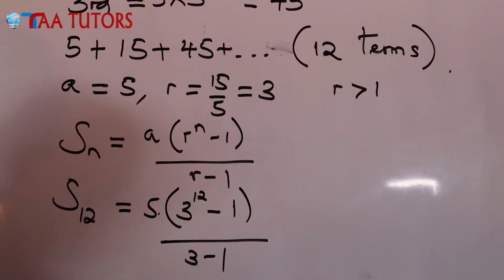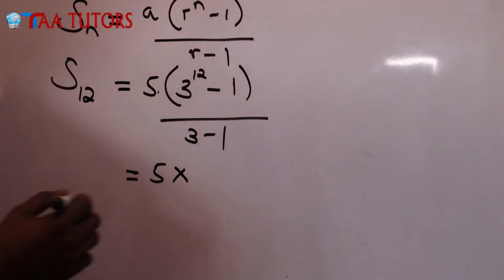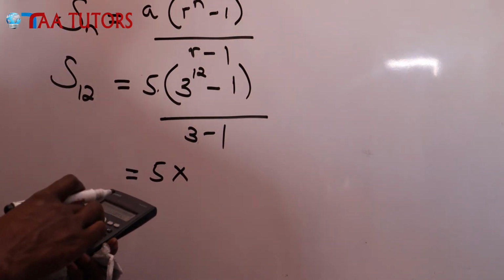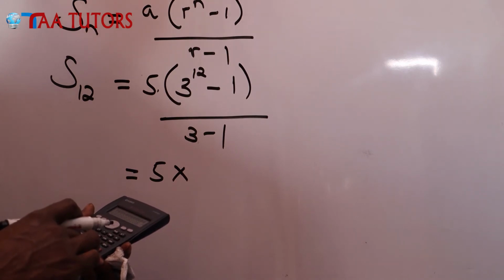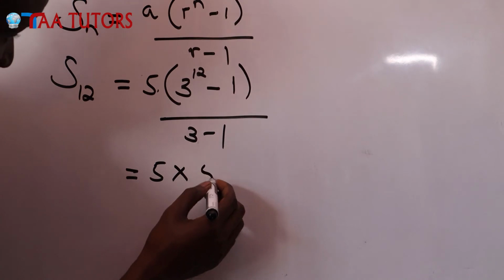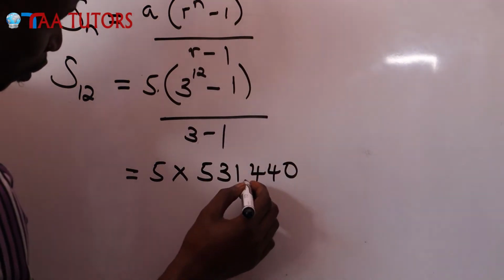So you'll say here, the first term is 5 times 3 power 12 minus 1, which is 531,440.